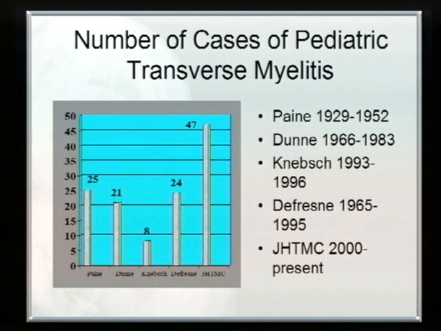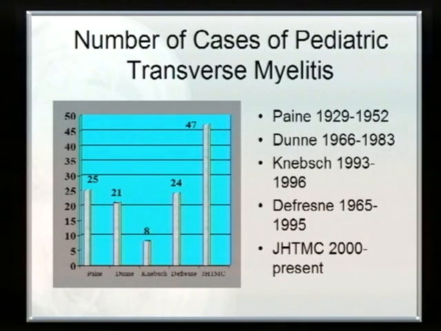Most of these series encompass a pretty long stretch of time, 24 years here, 20 years here. Dr. Knabush only reported 8 cases, which he'd collected over 4 years. Recently, there was a published article on kids by Dr. D. Fresnay. In 30 years, they collected about 24 patients.